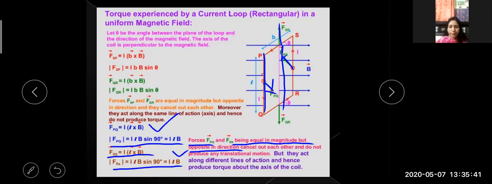Apply Fleming's left-hand rule and find the direction of these two forces so that you can understand the direction of force. Clear? According to Fleming's rule, the direction of this force is perpendicular to the plane of the coil, directed in this direction as shown in the figure, and the force on RS is in this direction.